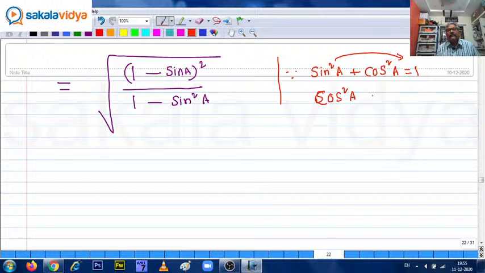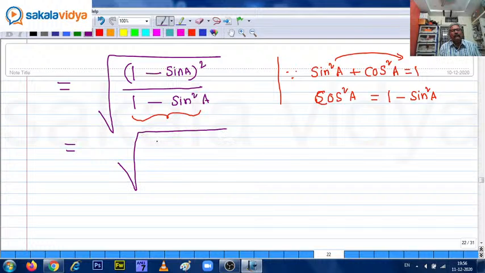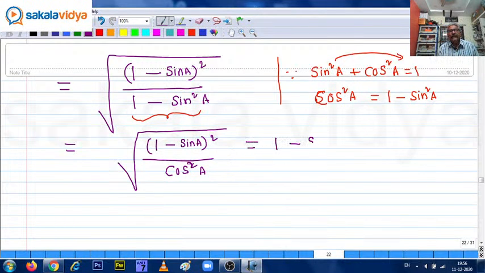Cos square A equals 1 minus sin square A. That means instead of 1 minus sin square A, we shall write cos square A. So we get root of 1 minus sin A whole square upon cos square A. Square root of 1 minus sin A whole square is 1 minus sin A. Square root of cos square A is cos A. So what do you get? 1 minus sin A upon cos A.